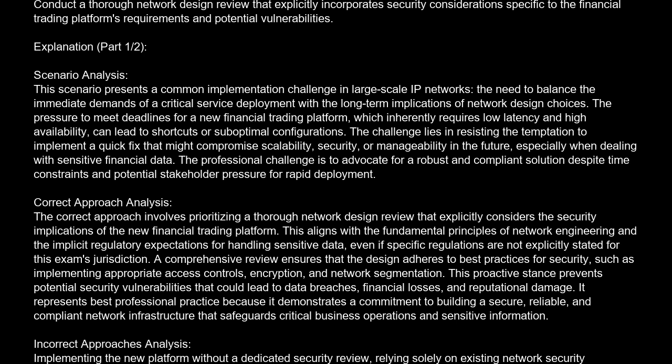A comprehensive review ensures that the design adheres to best practices for security, such as implementing appropriate access controls, encryption, and network segmentation. This proactive stance prevents potential security vulnerabilities that could lead to data breaches, financial losses, and reputational damage. It represents best professional practice because it demonstrates a commitment to building a secure, reliable, and compliant network infrastructure that safeguards critical business operations and sensitive information.